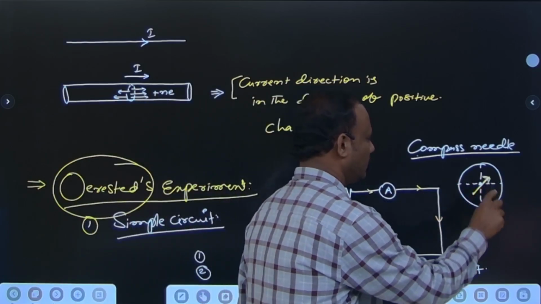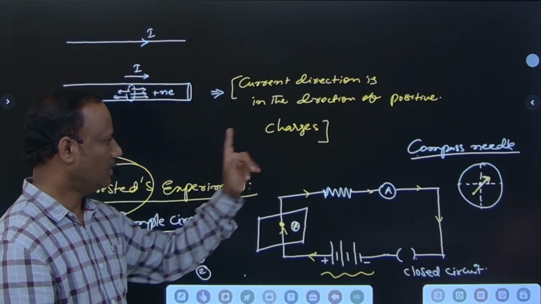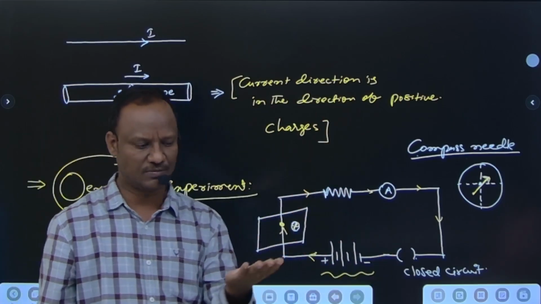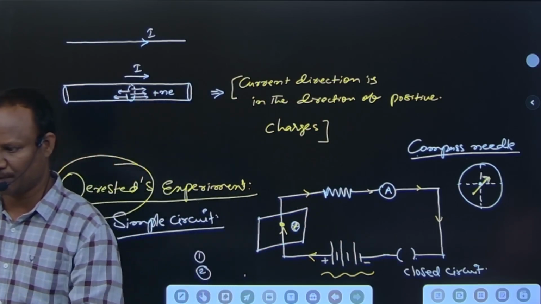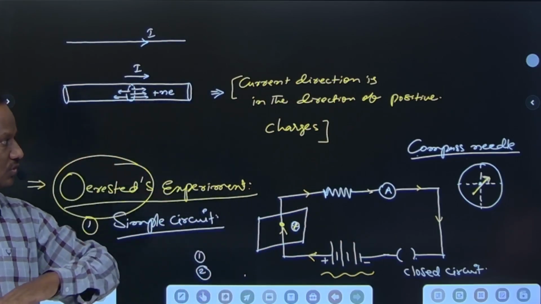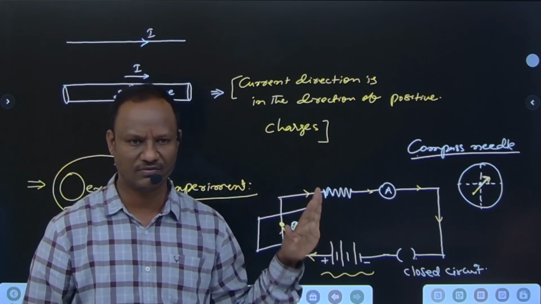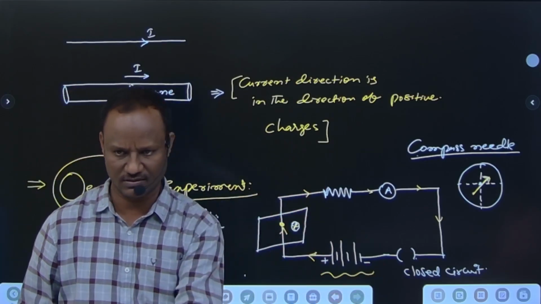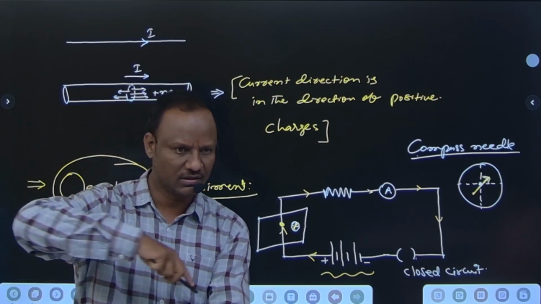Generally, a magnetic compass, when it is placed on a surface, for example on the paper, in the absence of any external magnetic fields, shows the geographical north and south pole.